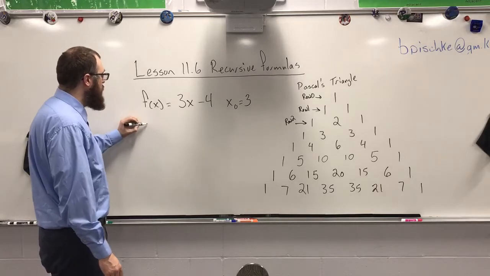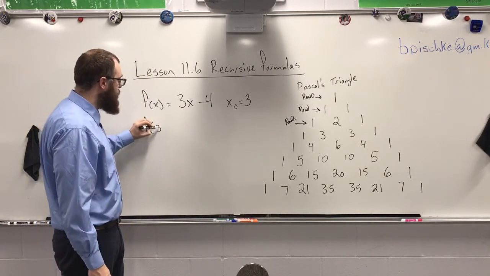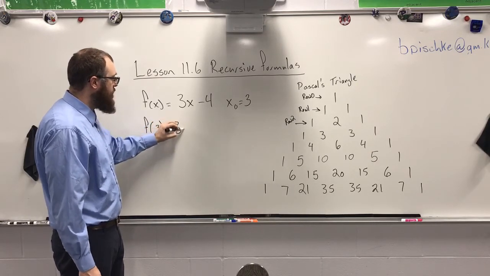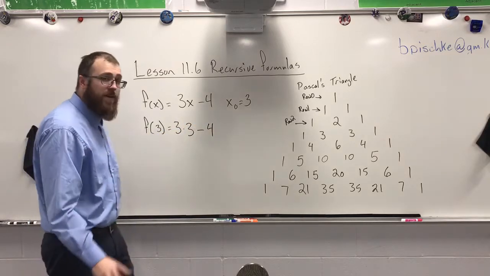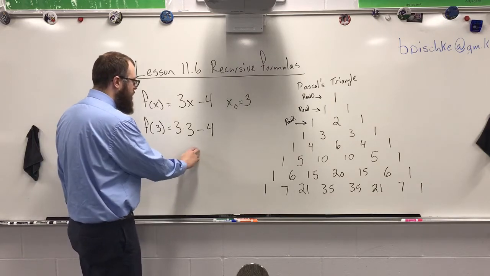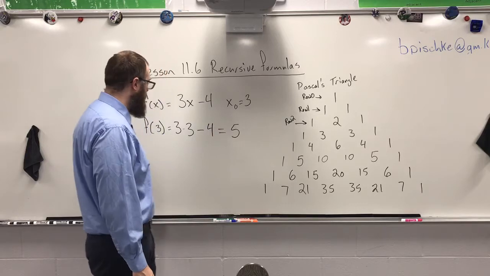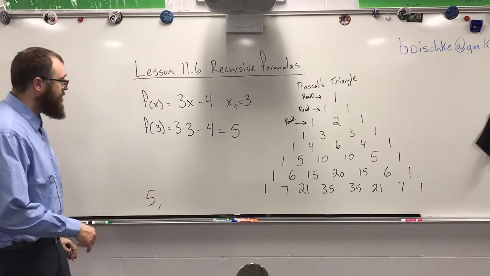So I need to do f of 3, which is 3 times 3 minus 4. Hopefully everybody sees that okay. 3 times 3 is 9, minus 4 is 5. That gives me the first answer in my pattern.